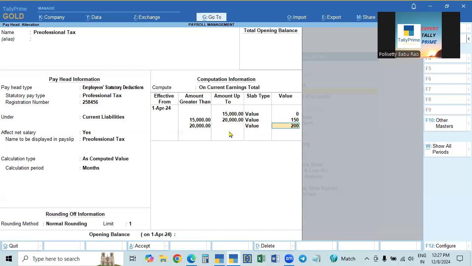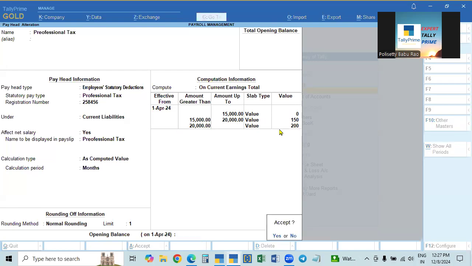Okay. And there are 3 slabs. Previously there were 4. Two slabs were merged together. Actually, up to 10, and about 10 to 15, there was 100 rupees. So 2 slabs were combined together and made 0. So these are the only amounts that will be calculated.